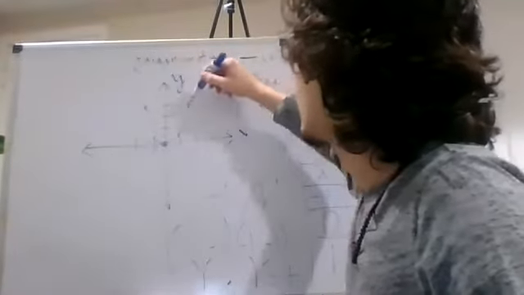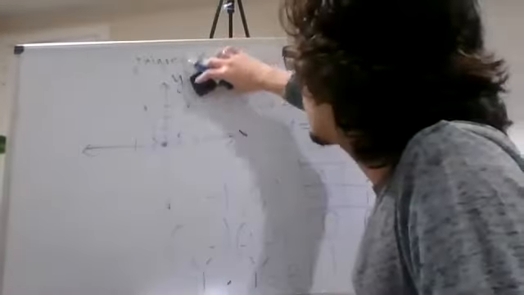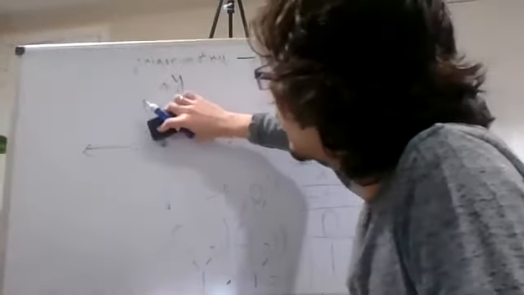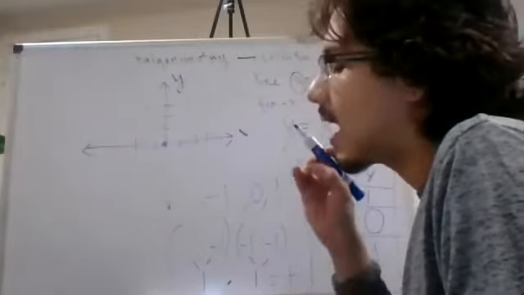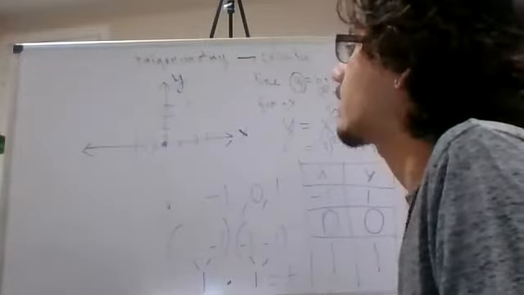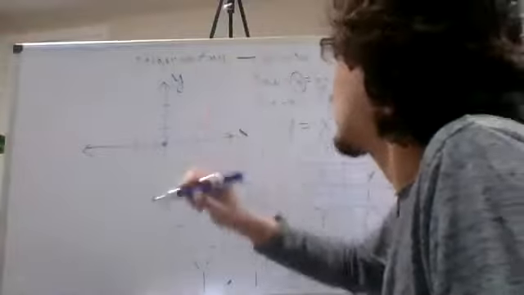So let's pretend up there is 9. What these lines show us is that y consistently increases as the x's get further out, and they increasingly increase over time. So they accelerate in the y direction.